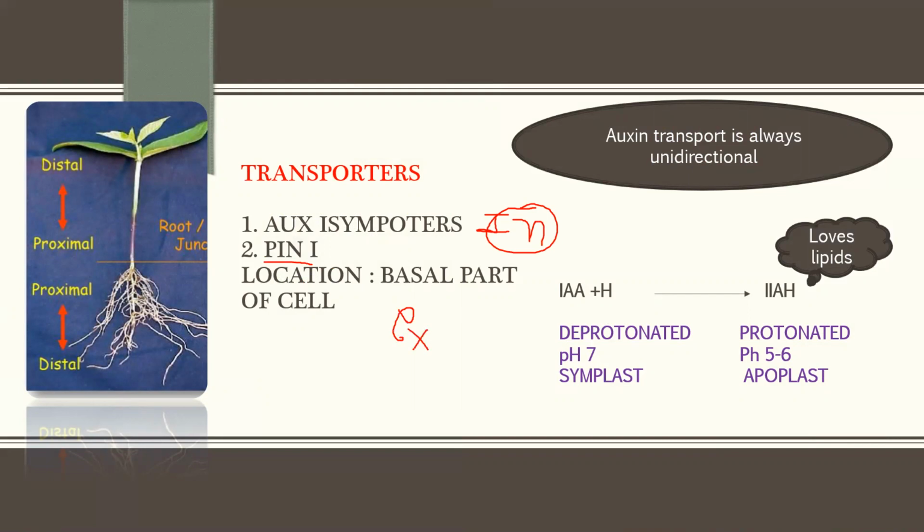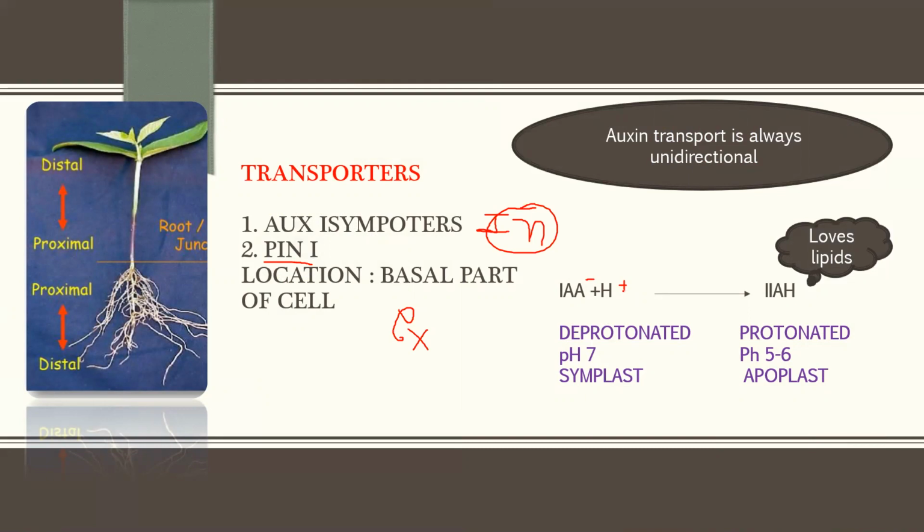outside the cell. Now auxin is of two types. Either it is IAA minus plus a free H plus ion, a hydronium ion, which is referred to as the deprotonated form, and this form is seen at pH 7. When the auxin is in deprotonated form, it generally travels by the symplast pathway, through the plasmodesmata.